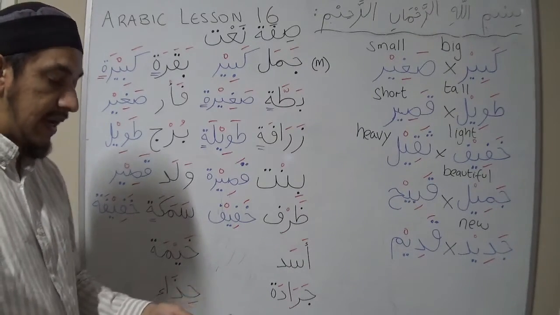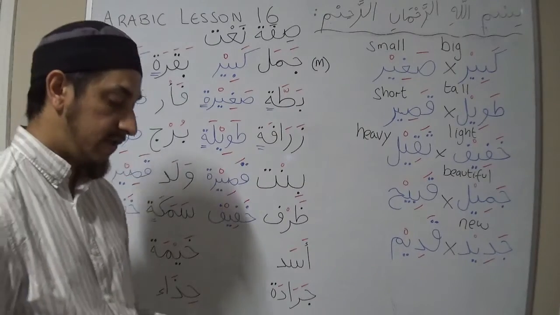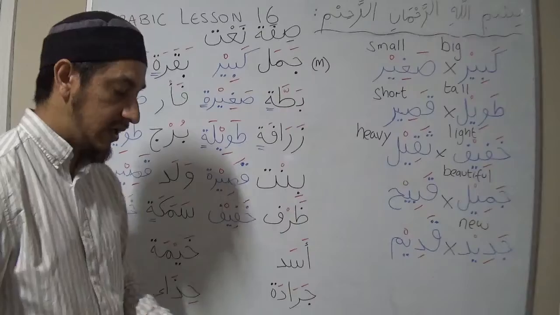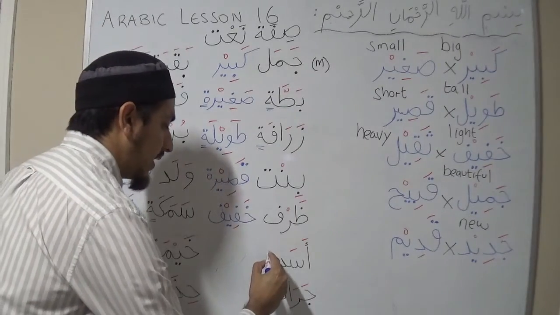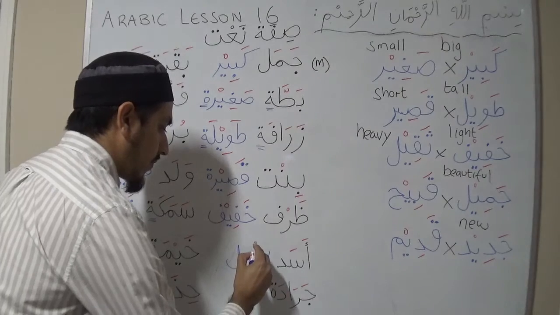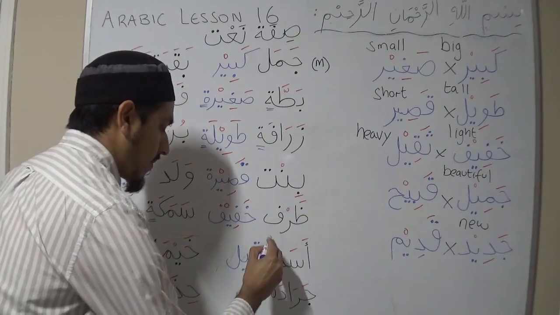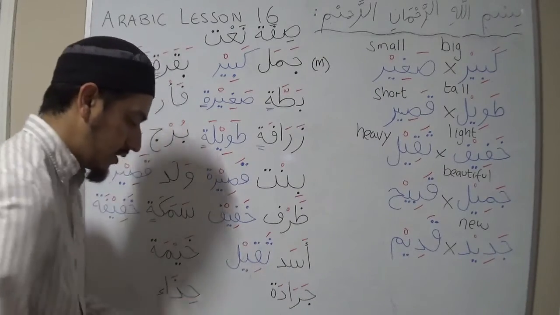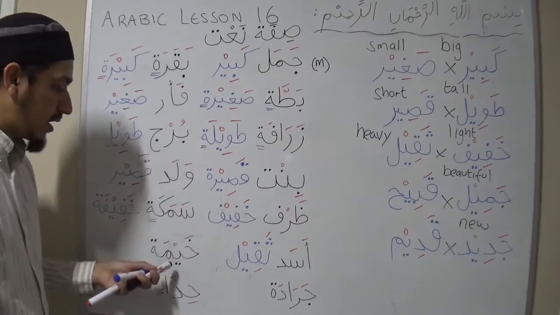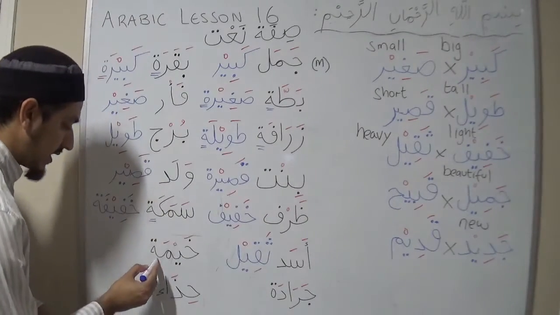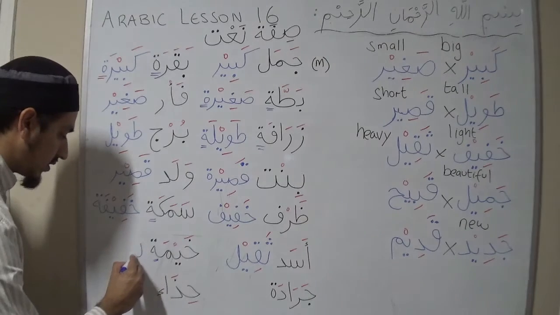Asad is a lion, and for lion I have ثقيل. ثقيل is heavy, a heavy lion. خيمة, tent, a heavy tent, but now because this has a تاء مربوطة we can say ثقيلة.